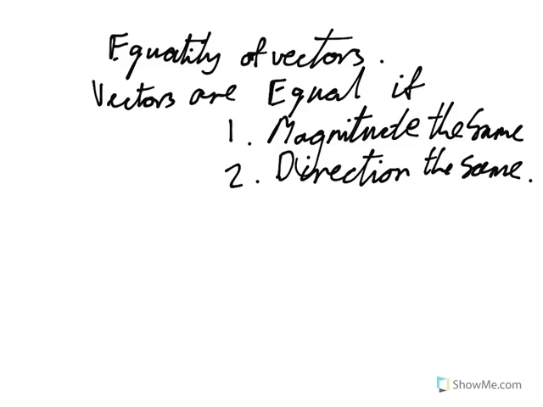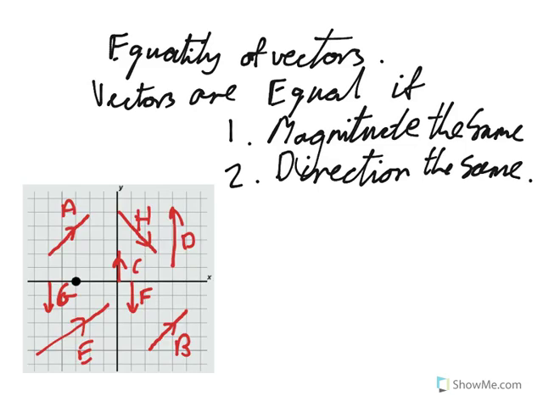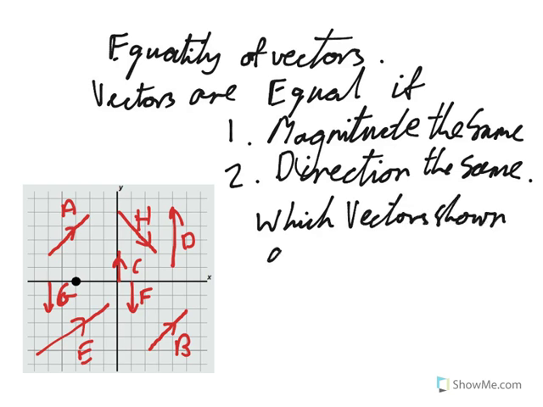Okay, so let's look at an example. Righto, so here we've got a whole bunch of vectors over there. Which vectors shown are equal? Don't forget, that means that their magnitude, their size, their length has got to be the same, and also the direction is the same.